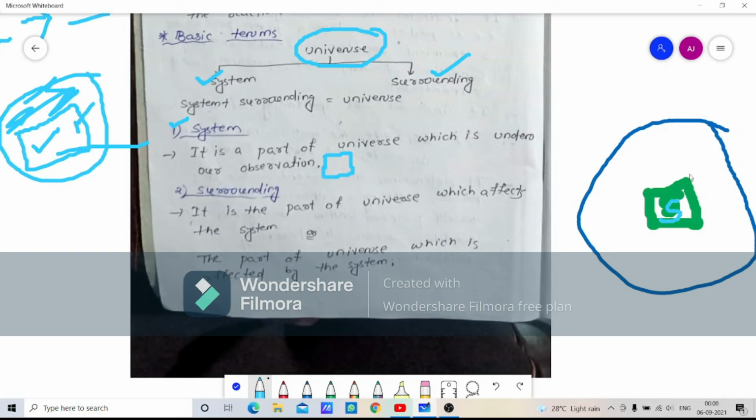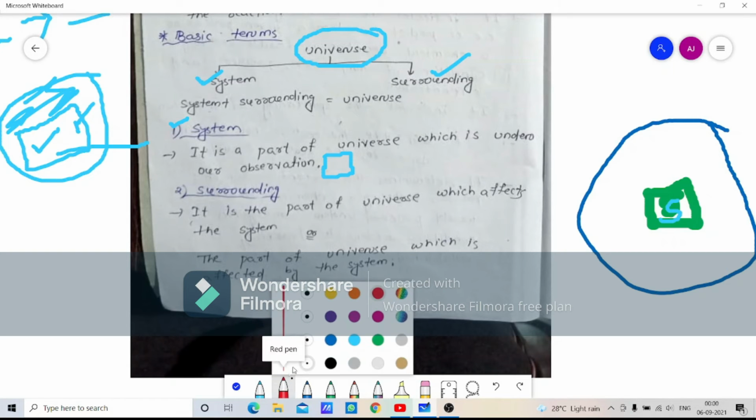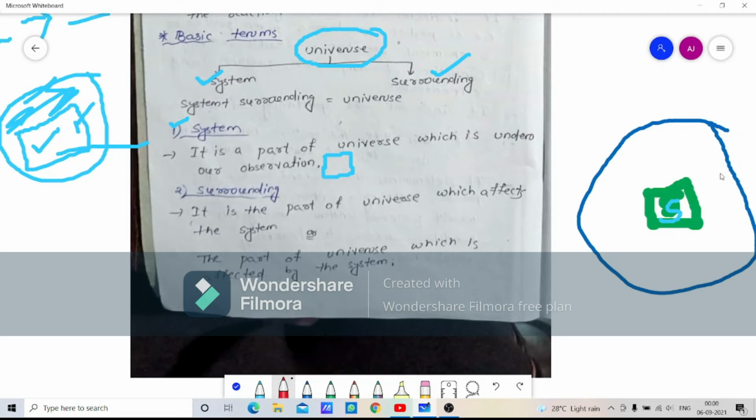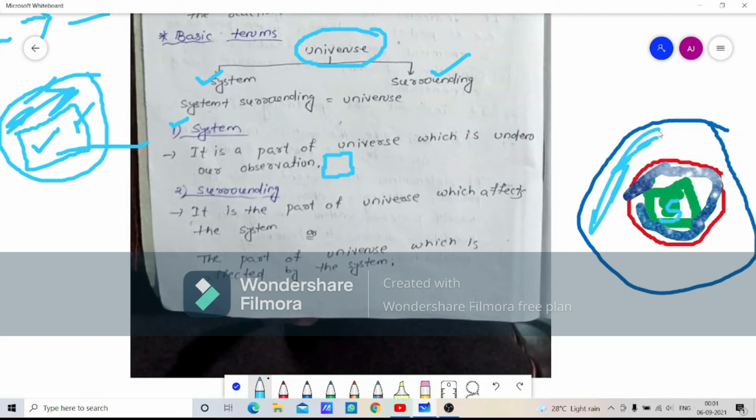And in the universe, the part which is affected by or which affects the system is called the surrounding. These parts are known as the surrounding. But remember one thing, all the other parts of the universe are not called the surrounding because they do not affect the system. So only the rest of the universe which affects the system, or is affected by it, is called the surrounding.